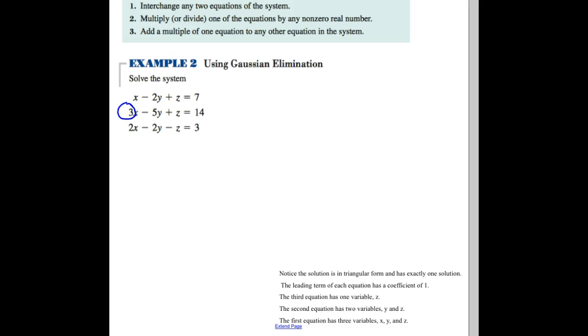Multiply by, if I multiply this by -3 and added it, would that cancel out the x's here? So think of that elimination method that we used in previous math classes and we reviewed in 7.1. If I times this top equation by -3, when I add the top two equations, the x's would drop out. Does that make sense?